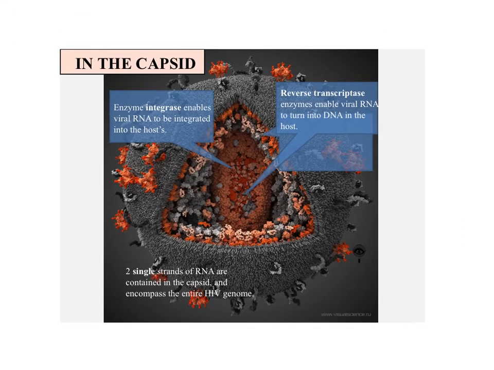And finally, when we get inside the capsid, there are a few molecules that are key for HIV structure, activity, formation, and this is comprising of 2 enzymes. So we've got the first enzyme, which is integrase, and as it says there, we are going to input the viral RNA, so the HIV RNA, into the host.